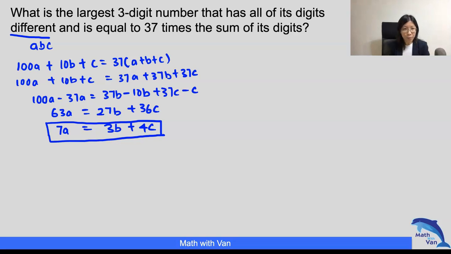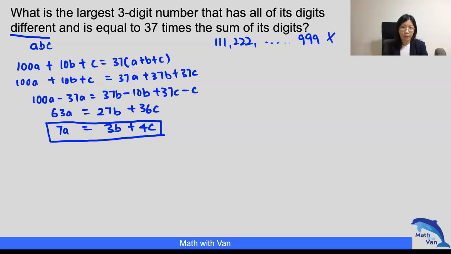So all these numbers, 111, 222, 333, and so forth, up to 999, will satisfy this condition, except that they are not different digits. They are equal digits, so 999 cannot be the answer because I want all the digits to be different.